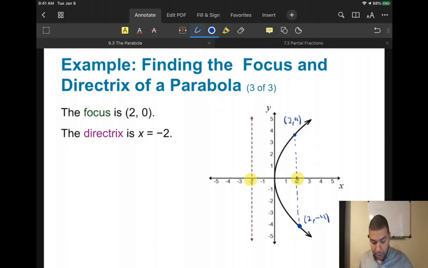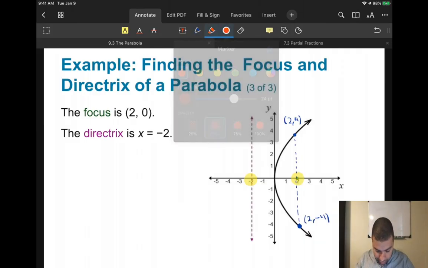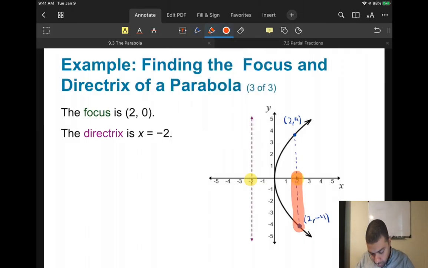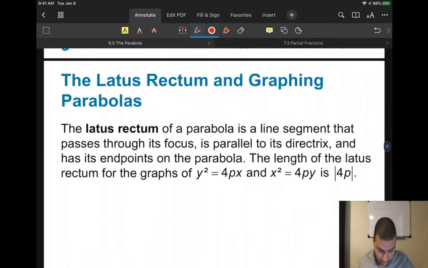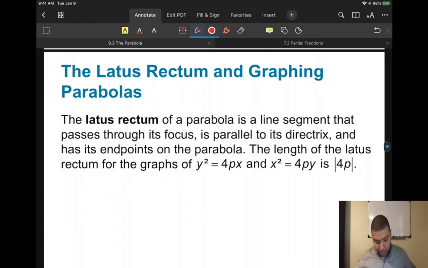Now, this line segment connecting these 2 points has a name. It is called the latus rectum. We'll see that later. It's a line segment that passes through the focus and is parallel to the directrix.